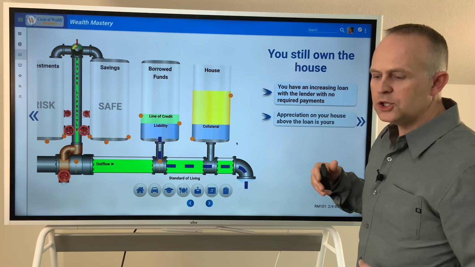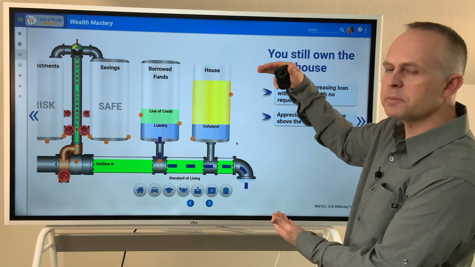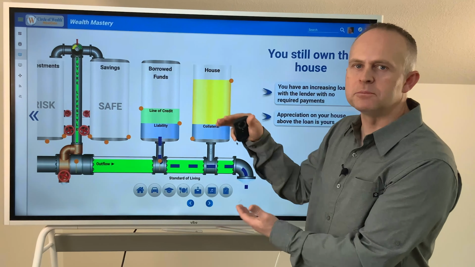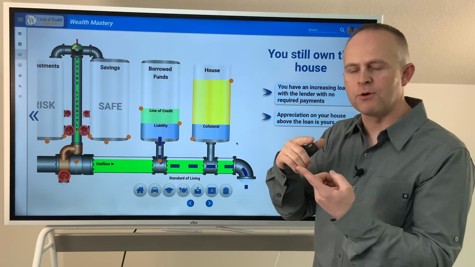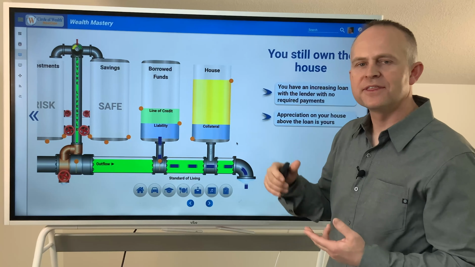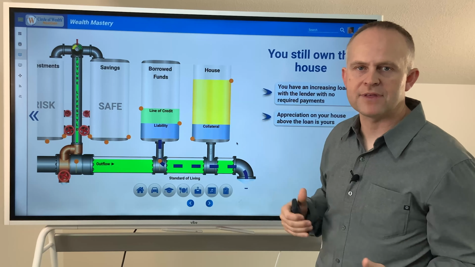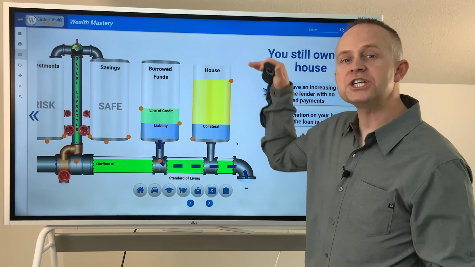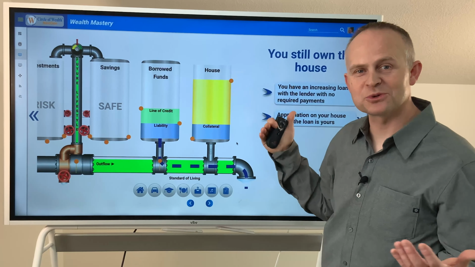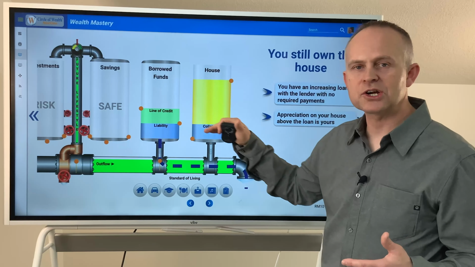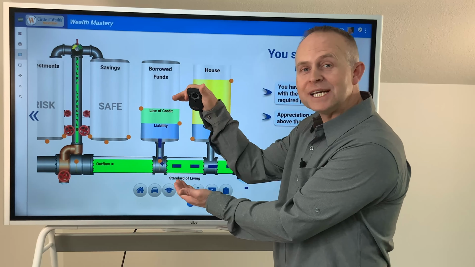Now, your home is still going to appreciate with or without a mortgage of any kind. So whether you have a forward mortgage or a reverse mortgage, the value of your home could still appreciate or depreciate for that matter. But if your home appreciates in value, here's what's really cool about the reverse mortgage line of credit: it's going to increase as well.